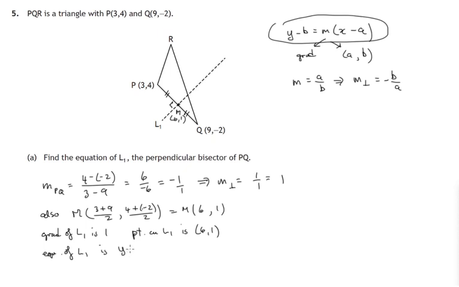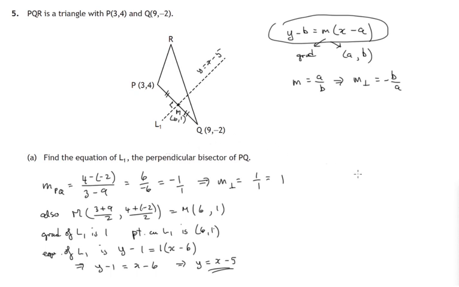And that'd be y minus 1 equals m, which is 1, times x minus 6. So that gives us y minus 1 equals 1 lot of x minus 6. Let's add 1 to both sides. y equals x minus 5. So y equals x minus 5 is the equation of that line.